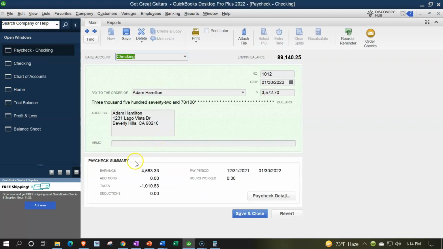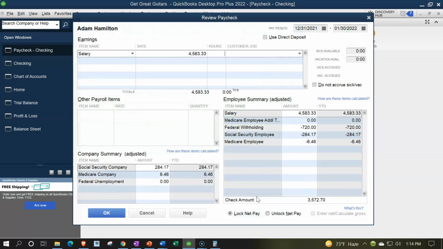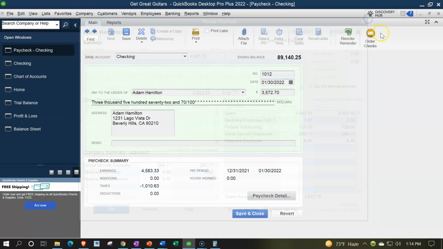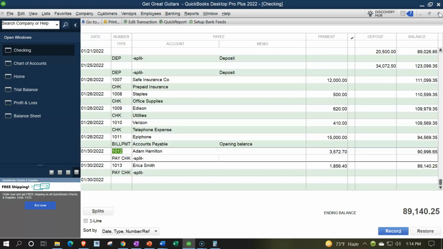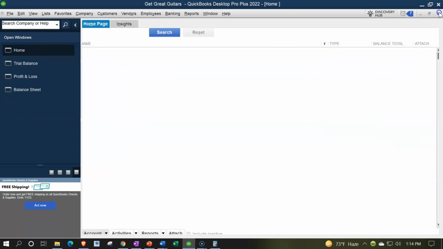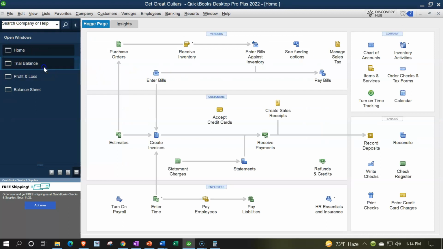If I go into them on the bottom, I don't have the expenses and items, but rather this information that's kind of the detail. If I want to look at the paycheck detail, there's the paycheck detail. You can't really change these paychecks very easily, so you want to be very careful about changing a payroll check, but you could void it and reissue it, which would typically be the way to go if you need to change it. I'm going to close this stuff back out, and then we're going to go to the trial balance.